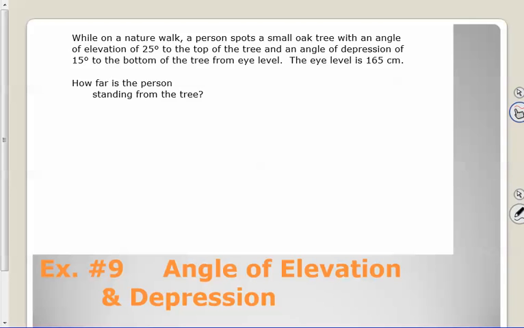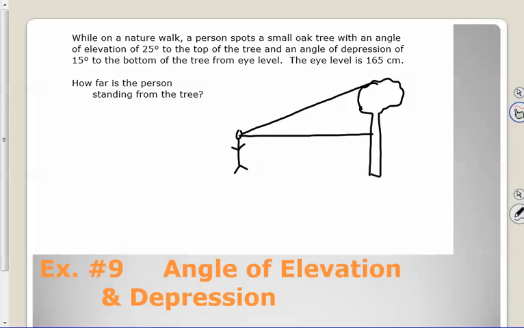So what I would do is I would draw a tree. My tree looks more like celery. And then here's a guy, going up to that spot right there, because that says eye level.